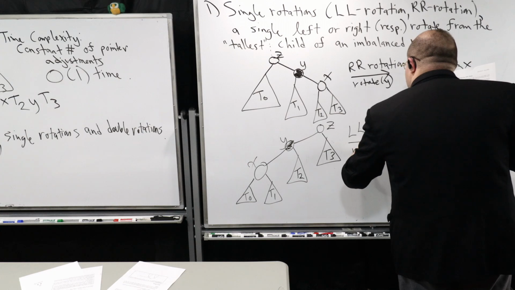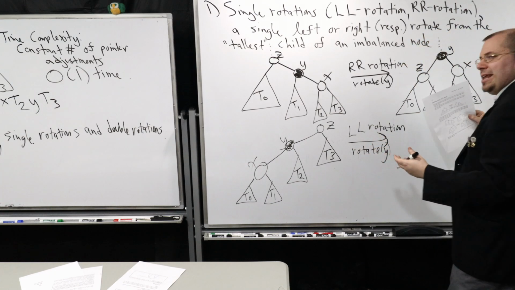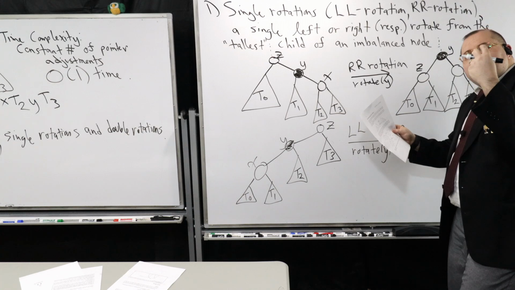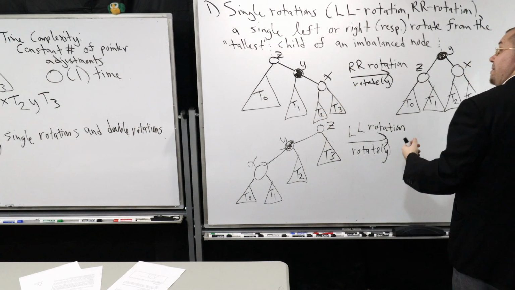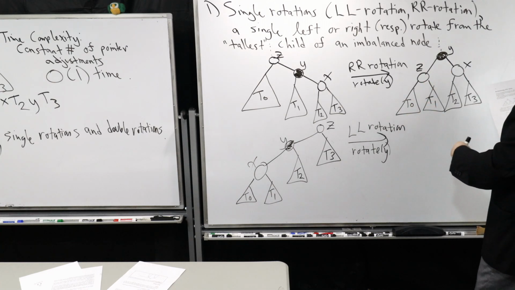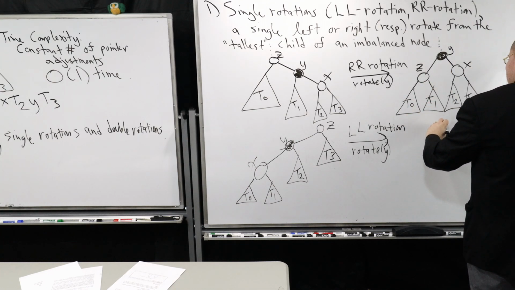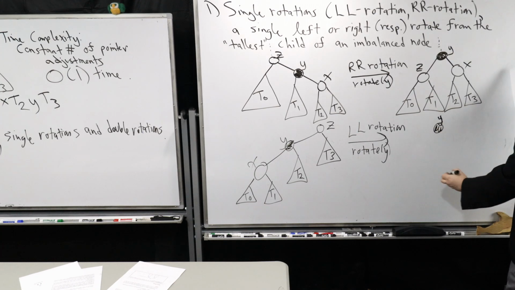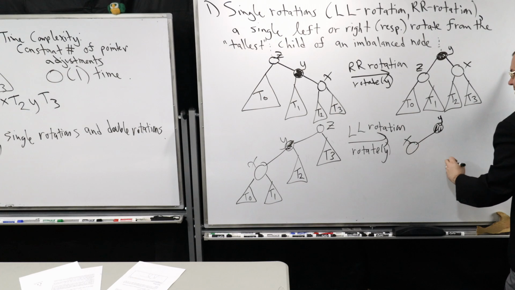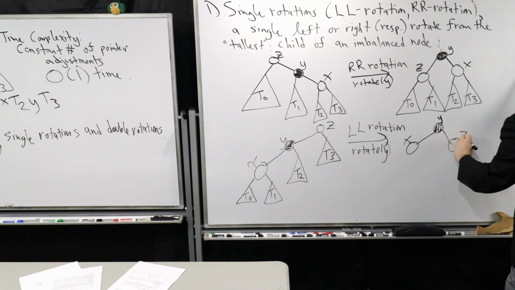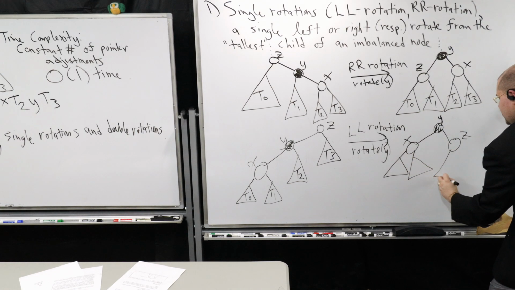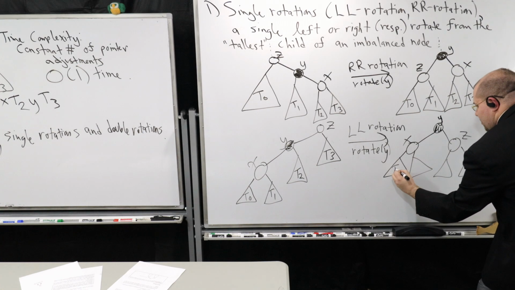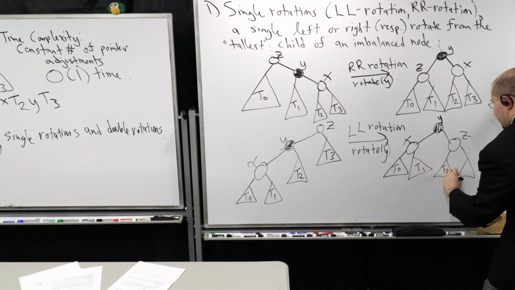Remember, think of Miss Kitty: Miss Kitty goes up, I go down. Tough luck for me today. So that means Y goes up, then I have X on the left, Z on the right, then I have my four subtrees, T0, T1, T2, and T3.